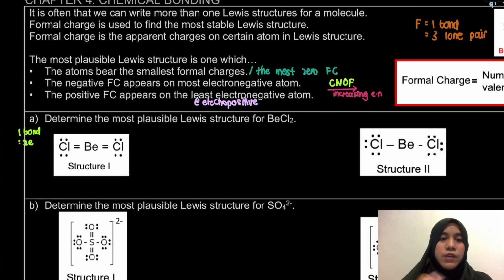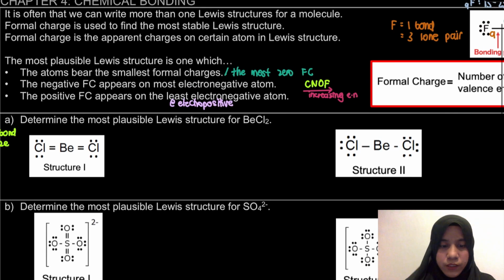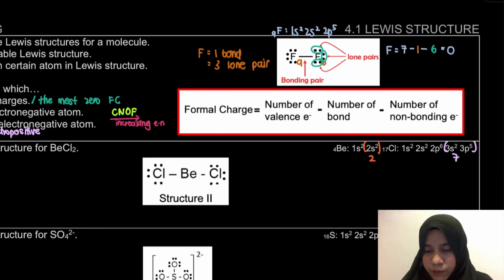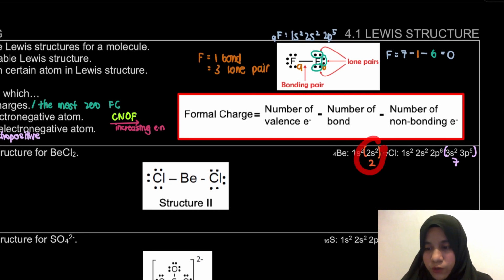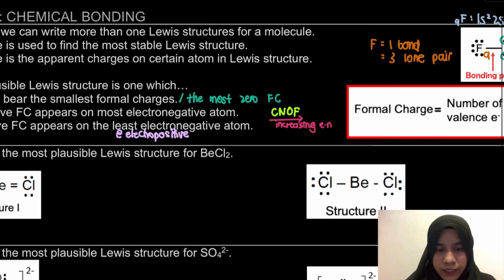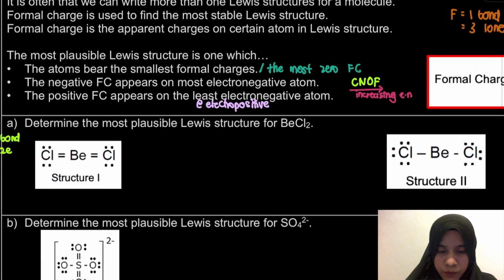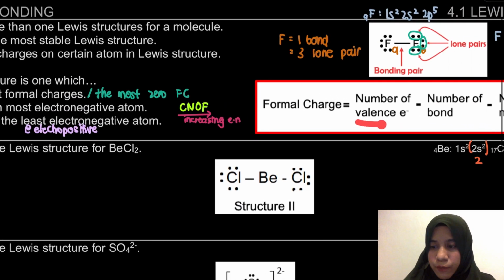So, right now we're going to do our calculation. For our beryllium, just now I mentioned, dia punya valence electron is 2, chlorine is 7. First, I'm going to do the calculation for beryllium. The number of valence electrons is 2, minus the number of bonds.